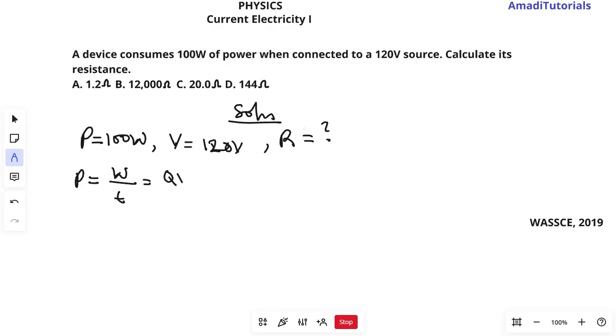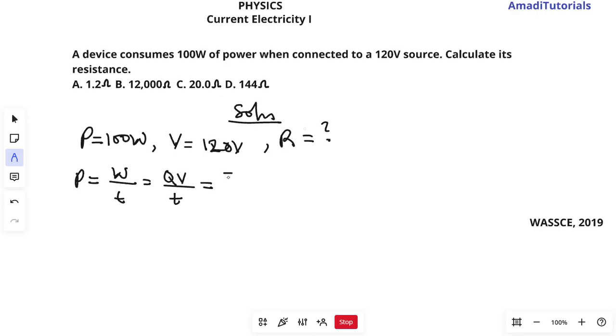Charge times voltage over time. Charge is what it takes to move a charge around a circuit. So we keep splitting till we get the one that will relate these three.